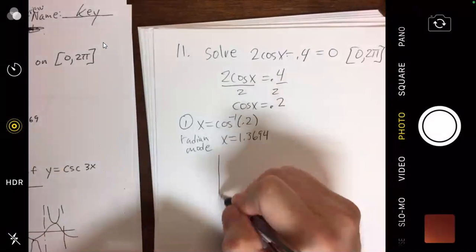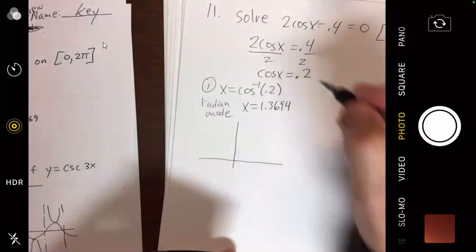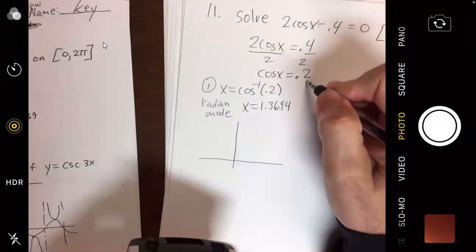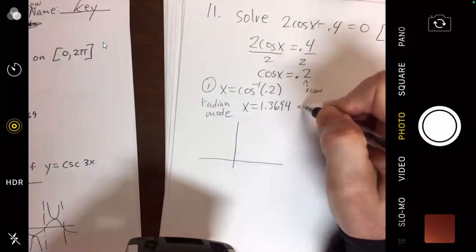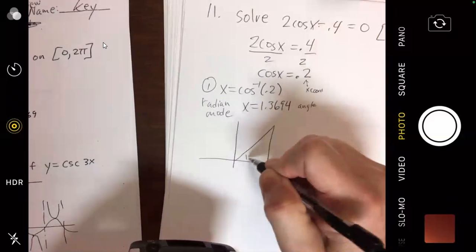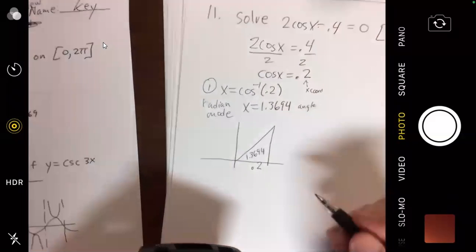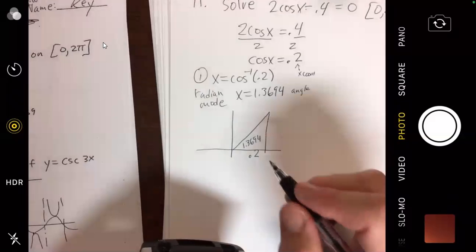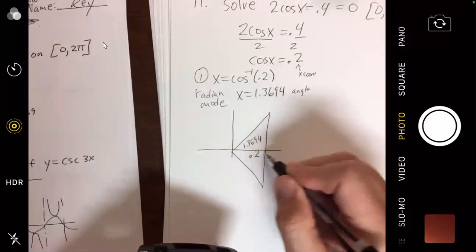Remember what that looks like, because to get the second one, you've got to interpret it. Remember, this is the x coordinate, and this is your angle. In the first quadrant, 1.3694 with an x leg of 0.2. The only other place you're going to get a positive x leg of 0.2 is down here.